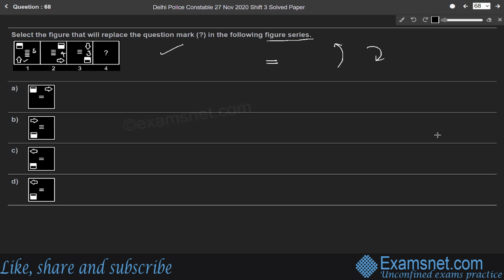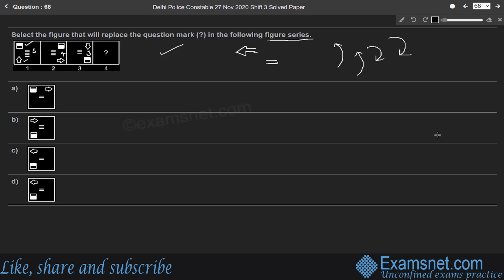So the direction of the arrow mark is changing in the clockwise direction, and also its position is changing in the anti-clockwise direction. Therefore, in the fourth figure, the position of the arrow mark has to be at the top left corner, and the direction of the arrow mark should be facing west, like this, right?